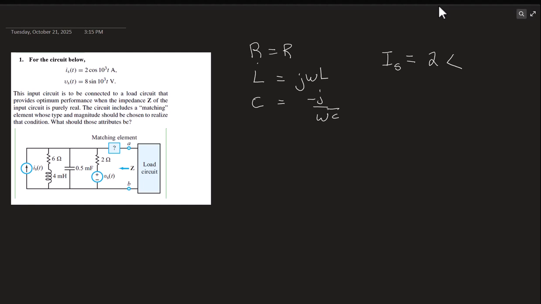Well, I know what you're thinking of. If I had 4 plus 3j, then theta would be the inverse tangent of 3 over 4.